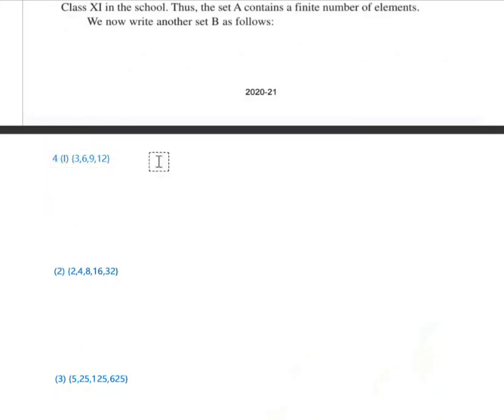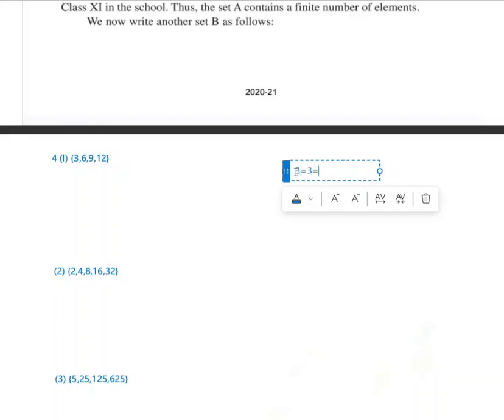What is set builder form? We have discussed that. We have to write a fixed property or definition which all the elements in the set follow.